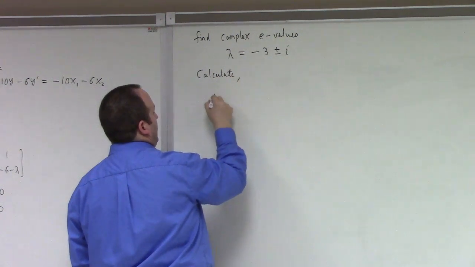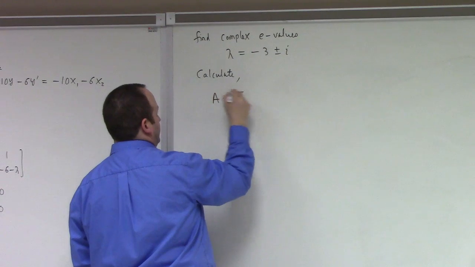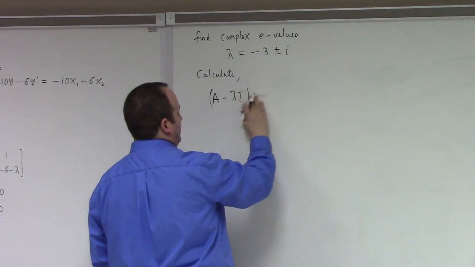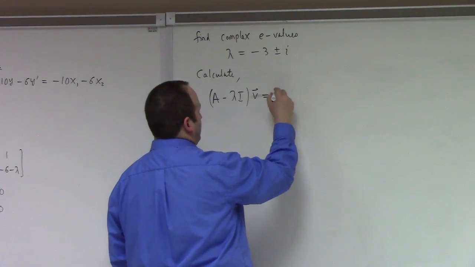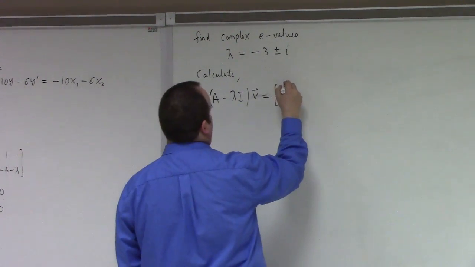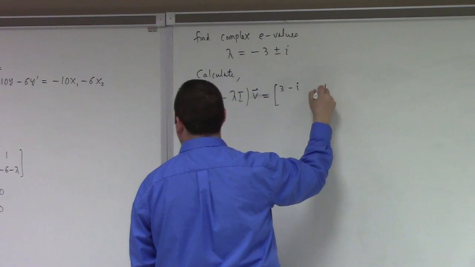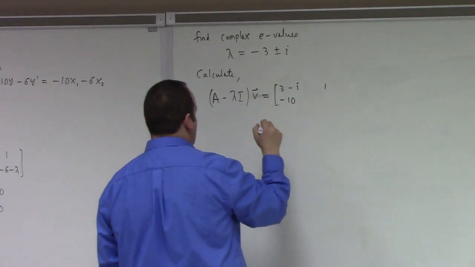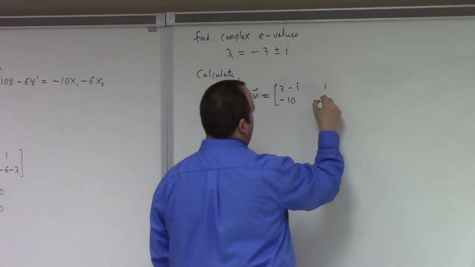We need to calculate A minus lambda I acting on some vector, and that's going to be 0. That's what we're trying to solve. So what you got here is [3 minus i, 1; minus 10, minus 6 minus lambda, which is minus 3 minus i].